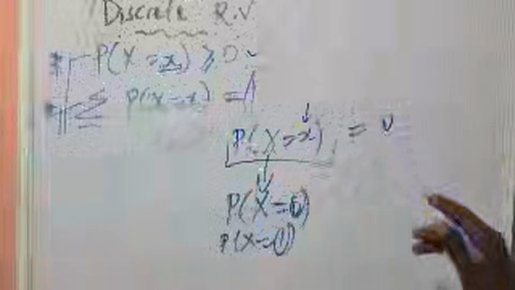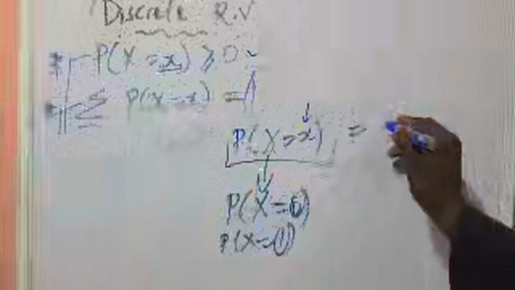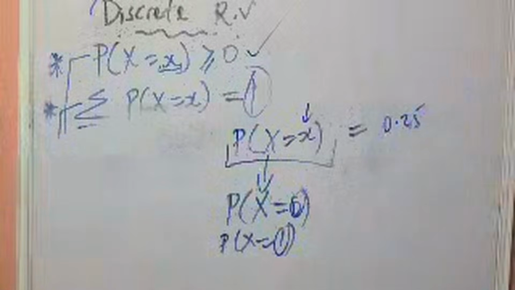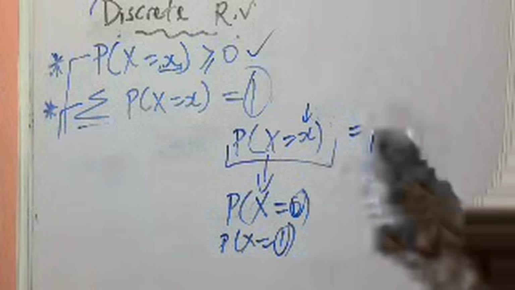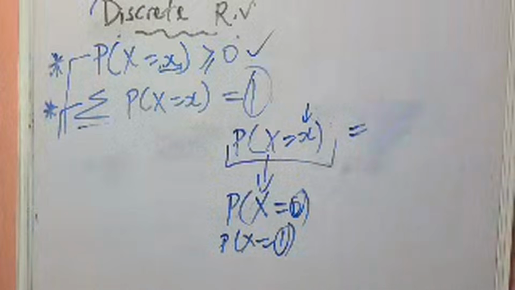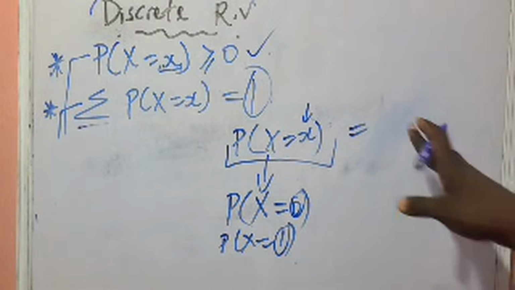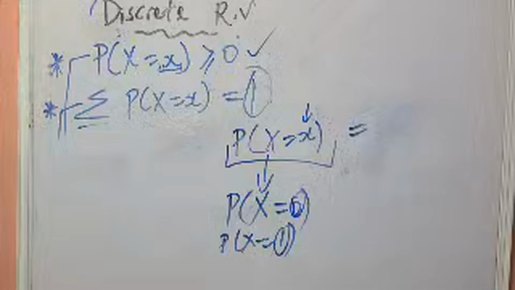That's why we said it must be greater than or equals to 0. So if it's equals to 0, we are good. If it's greater than 0, if the answer is 0.25, we are good. If the answer was 1.35, of course, this cannot happen. 1.35 will not happen because of the second one.